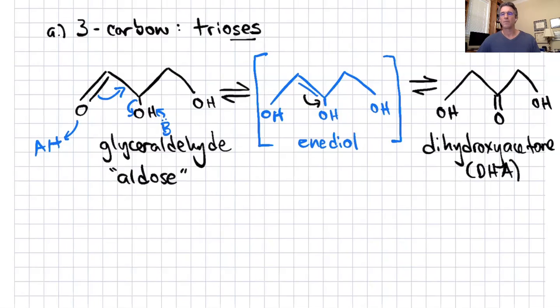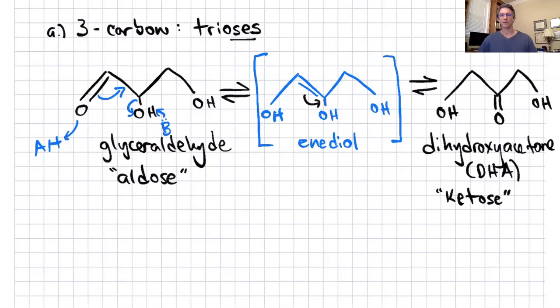Now, because in DHA the carbonyl carbon is now a ketone, this type of sugar is, of course, known as a ketose, right? So we have the distinction in the simple sugars between aldoses and ketoses. The carbonyl is either in an aldehyde or in a ketone, right?